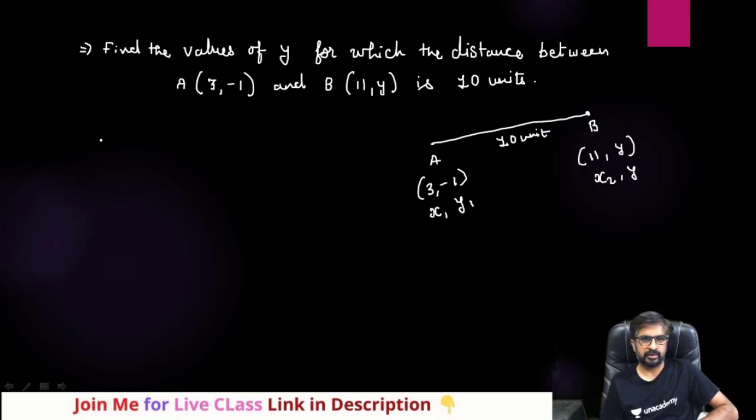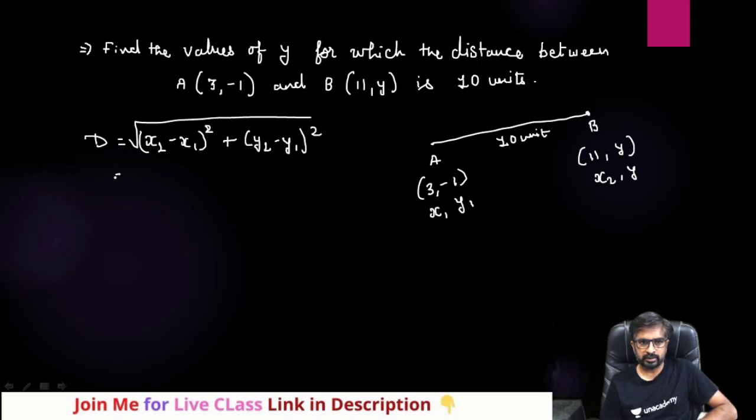So the same formula: distance equals under root (x2 minus x1) whole square plus (y2 minus y1) whole square. This is our distance formula. Let us keep the values. x2 is given here, 11, minus x1, that is 3, whole square, plus y2, that is y only, and minus y1 is minus minus 1.